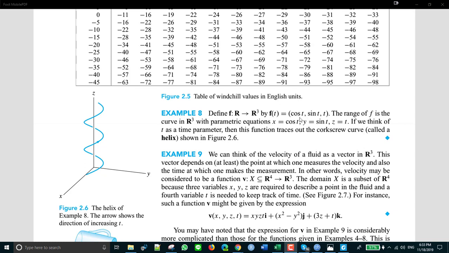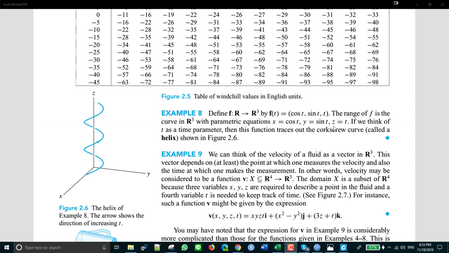It's this triple. How many commas do we see here? 1, 2. So that means the output is 3 separate elements, which means it's in R3. So this is a function that takes as an input just t, but gives us back basically a vector, because there are 2 commas here. So it's from R to R3.